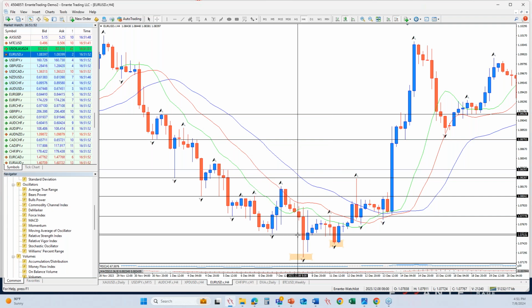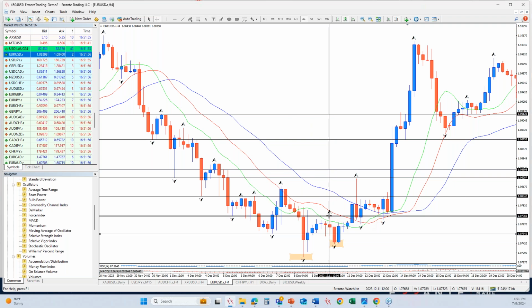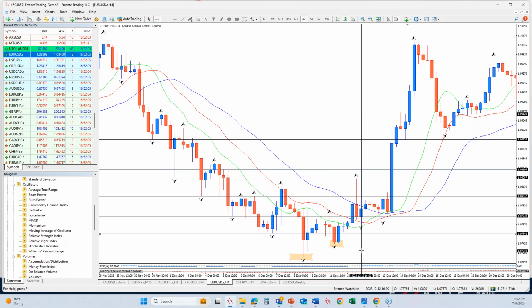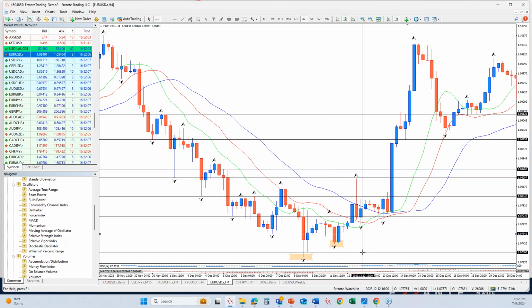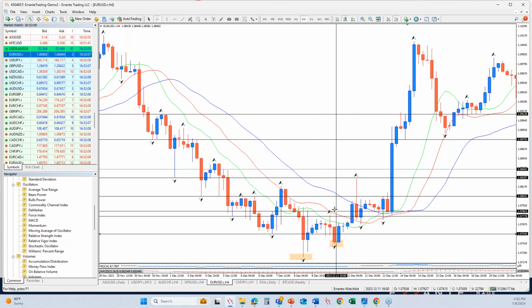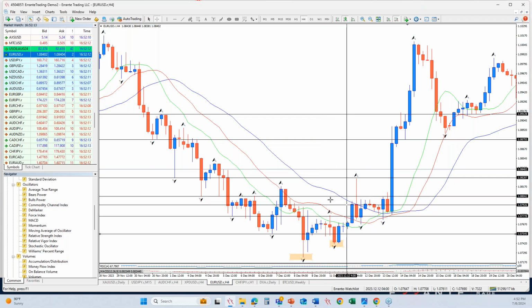Okay, and now we count on these resistance levels as up fractals, okay? And we expect them to keep the price maybe to the downside, which is in the zone of intense selling positions.